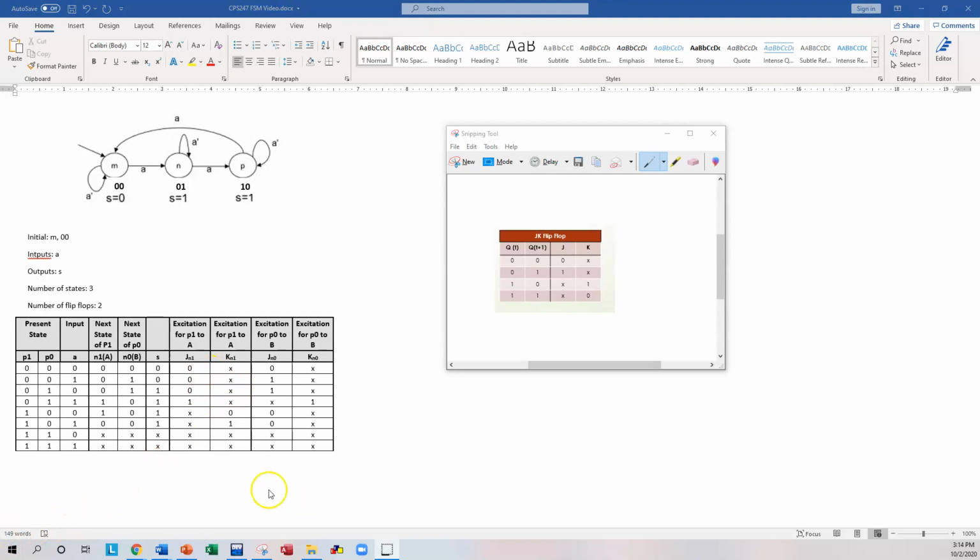So I went ahead and completed filling out the excitation values for J and K for flip-flop A and for J and K for flip-flop B. And again, the way I did that, you're in present state 0, you're going to a 0. What do the input values for the J and K need to be? So you would just look here. I have an output of 0, I'm going to a 0.